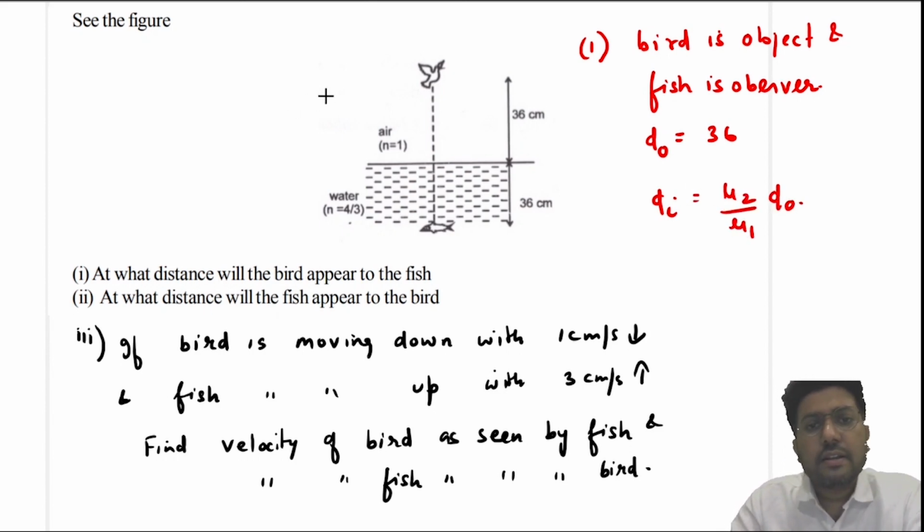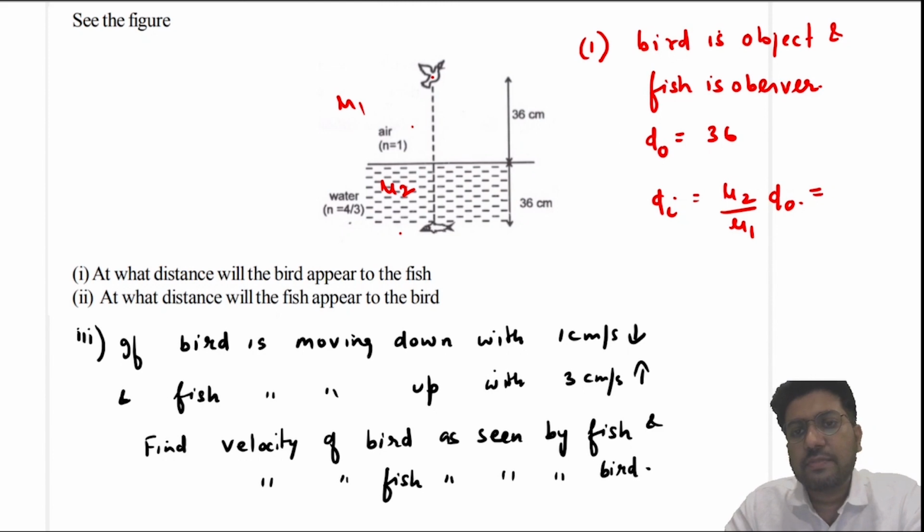And here you can see that light will travel from the object, right? So this is mu1 and this is mu2. That means light is traveling from air to water. So mu2 is 4 by 3. So I will write here this is equal to 4 by 3, mu1 is 1 and do is 36. From this you will get di is equal to 48.